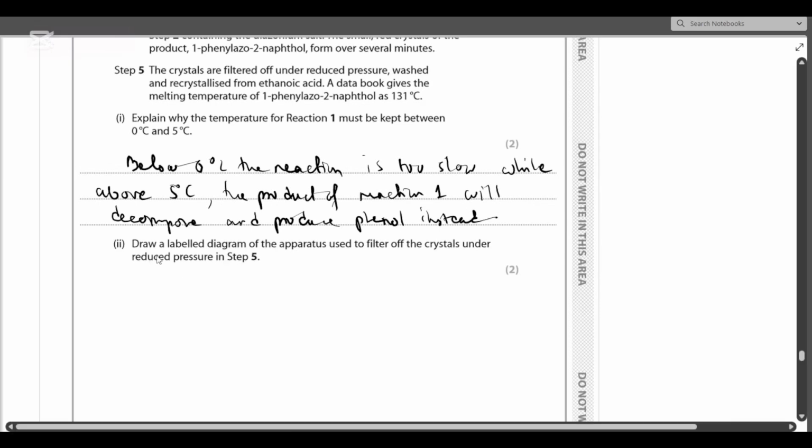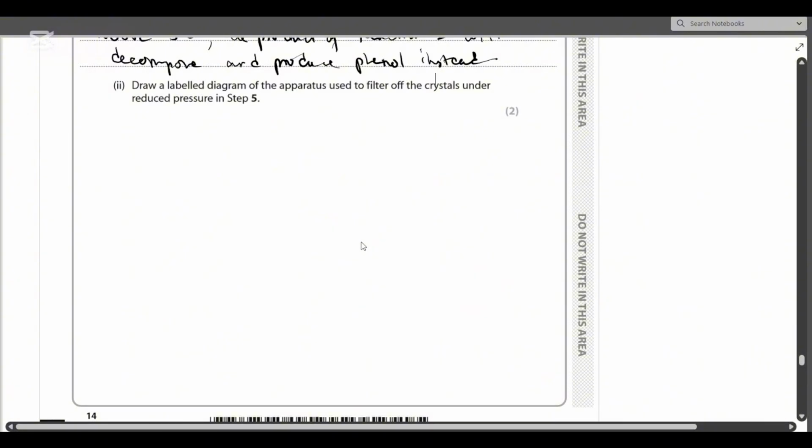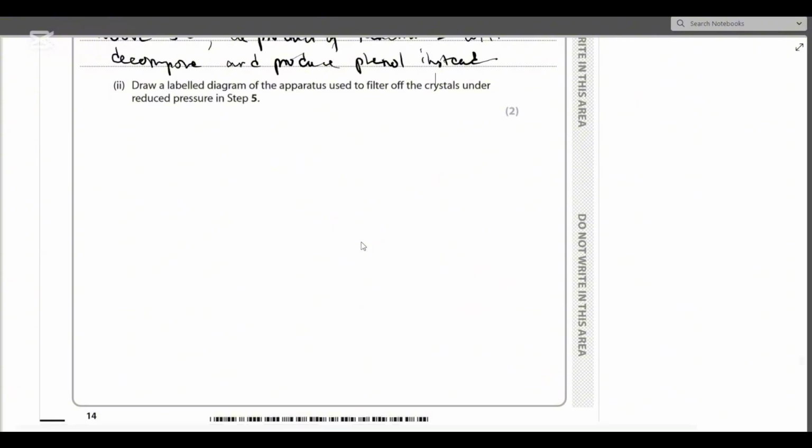Next, draw a labeled diagram of the apparatus used to filter off the crystals under reduced pressure in step 5. As I said, we tend to use a Buchner funnel, and it looks something like this. A conical flask is drawn right here, and this is the Buchner funnel.